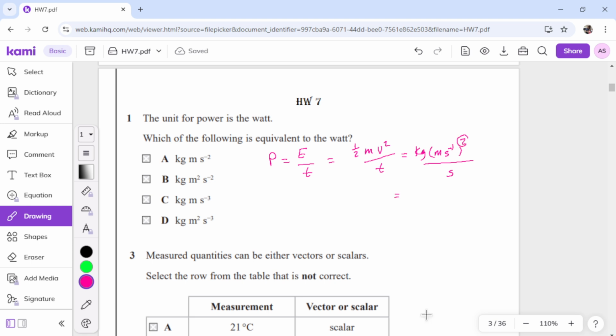It will be kilogram meter squared second minus 2, over second. Now over second means second minus 1. It will be kilogram meter squared second minus 3, because if you move second from the bottom to the top, it must have power minus 1. So the correct answer is D.